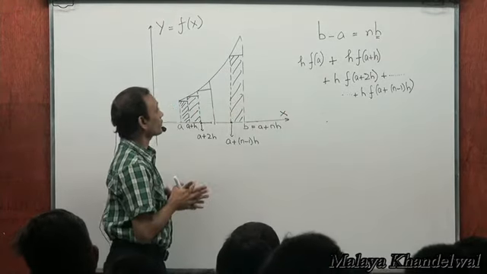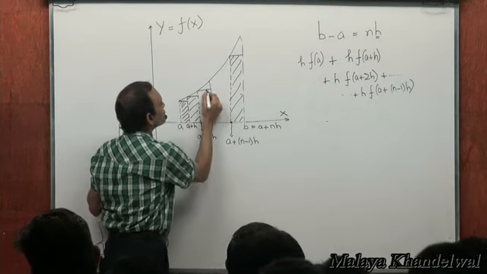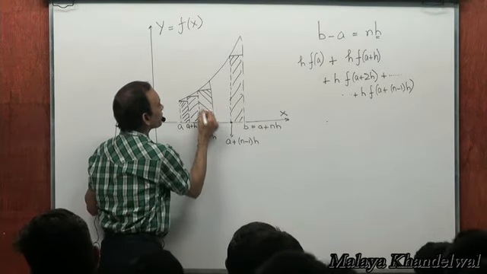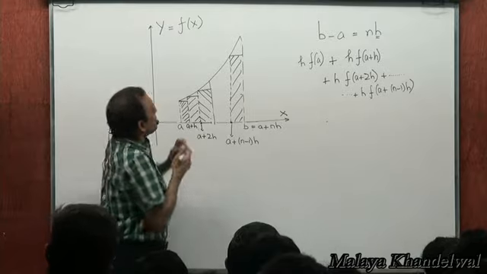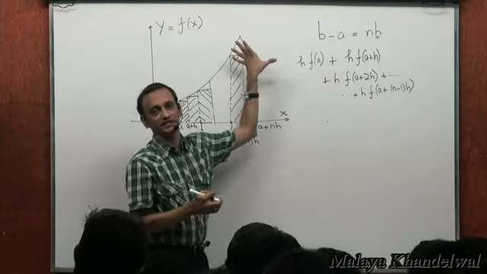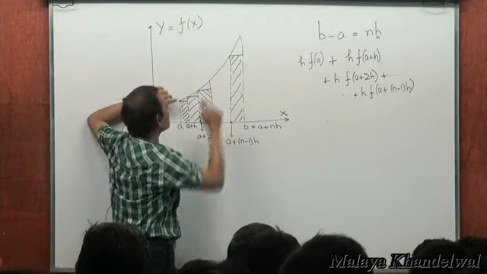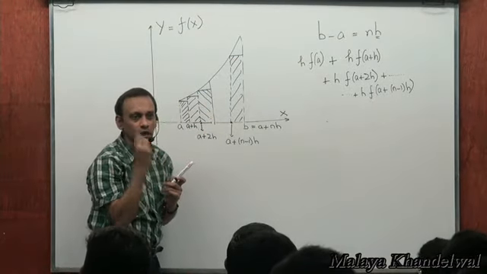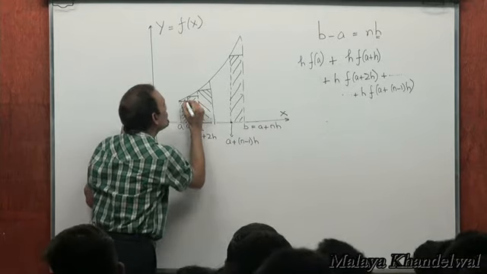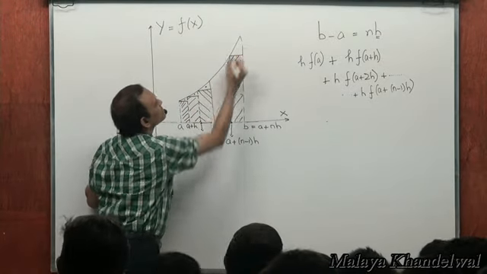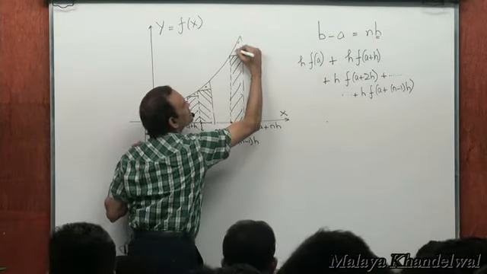Now, this could be looked upon as approximately the area under the curve. This is an approximation to the area under the curve. Do you realize that? What's the error in this area calculation? The error are these small upper regions. You know, these small upper regions that you see here?